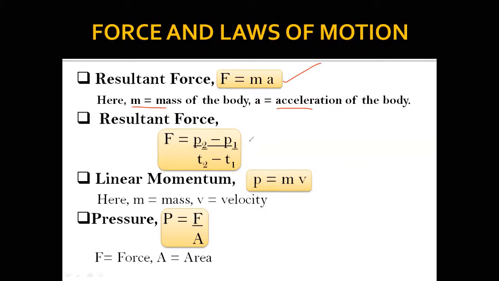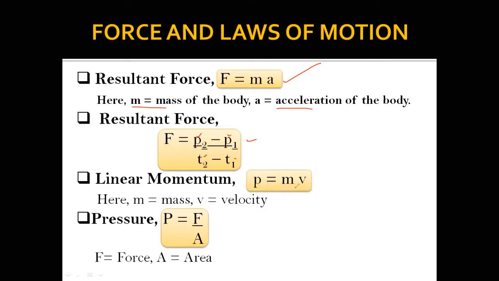If momentum is given in the question, then we will use this formula to find out the resultant force of the body. Okay, P2 is the final momentum of the body after collision, P1 is the initial momentum of the body before collision, T2 is the time after collision, T1 is the time before collision. Okay, here we will understand all the things well. Then when we solve numerical problems, if we have understood all the formulas, we can solve them very easily. Okay, linear momentum.